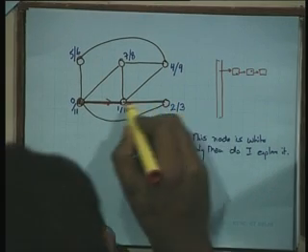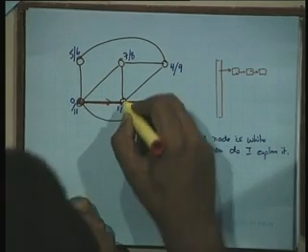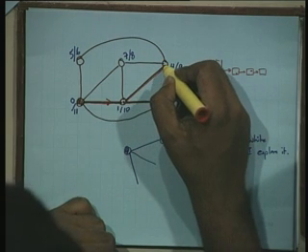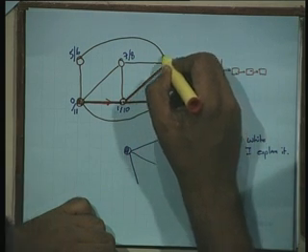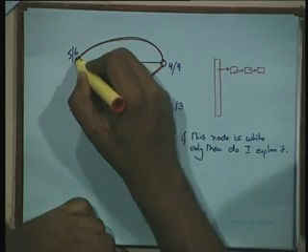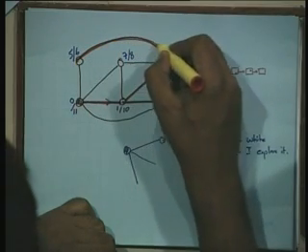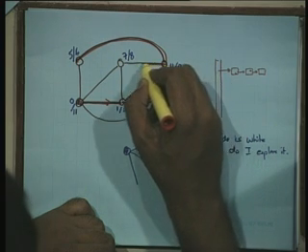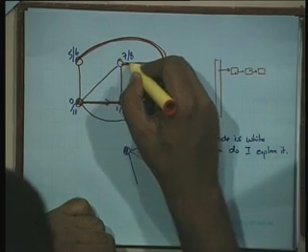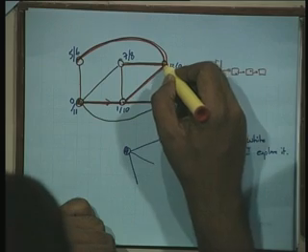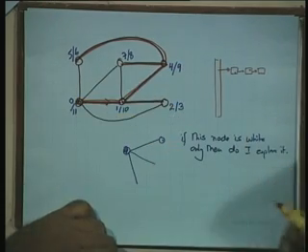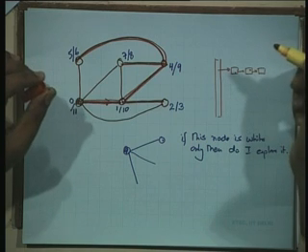Once I went along this edge, then I backtracked along this edge, then I went along this edge, then I went along this edge, then I backtracked along this edge, then I went along this edge, backtracked along this, backtracked along this, backtracked along this.